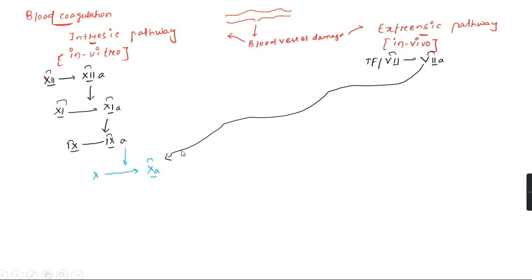After activation of factor 10A, the major pathway follows: it converts prothrombin to thrombin, then thrombin converts fibrinogen to fibrin.